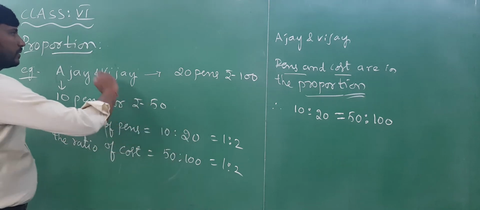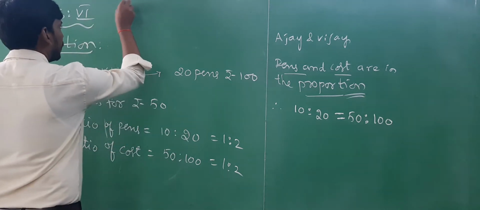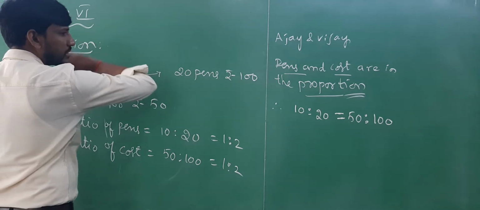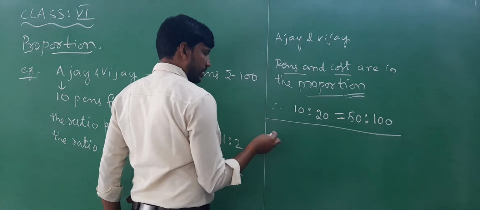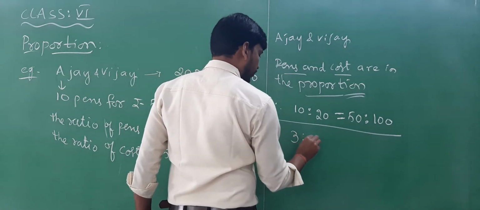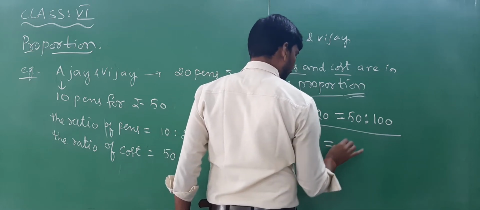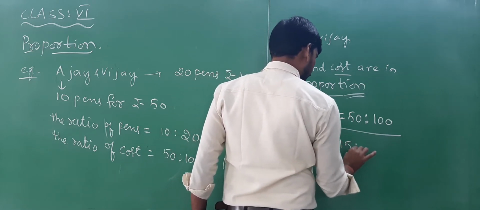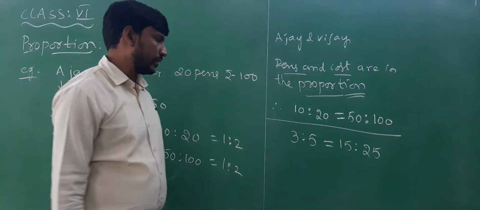One more simple example we are going to discuss. 3:5 is equal to, I am taking, 15:25.